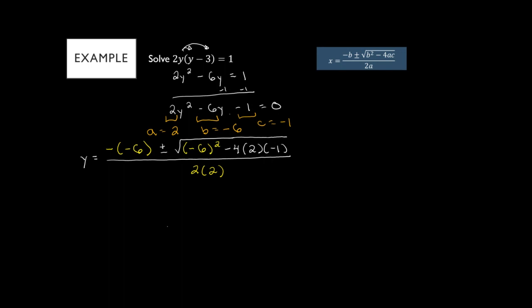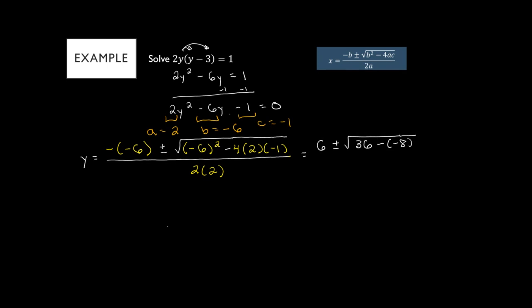If you really wanted to, you could also do this multiplication as well. So let's just go ahead and do that. Let me make sure I'm on the right pen color. So I got a negative times negative 6, so that's a positive 6, plus or minus. Now negative 6 squared is a positive 36, and then minus 4 times 2 times negative 1, that's negative 8.